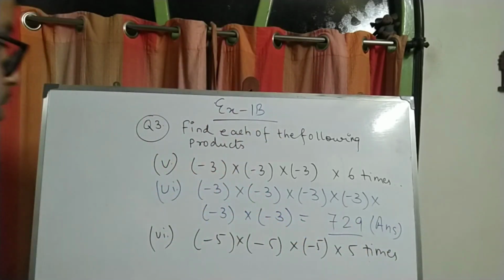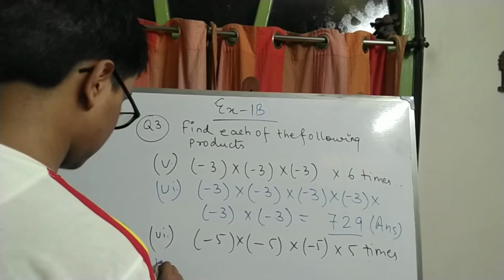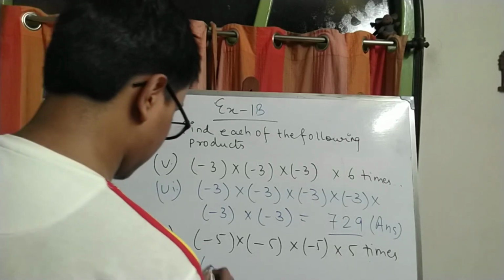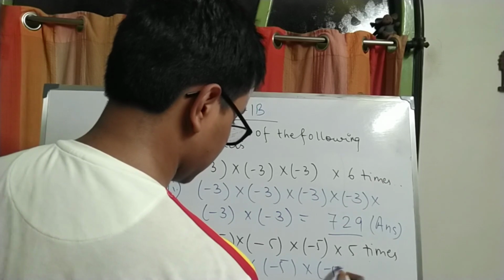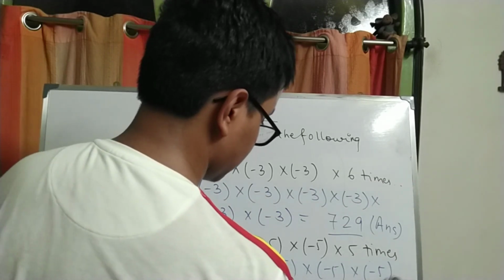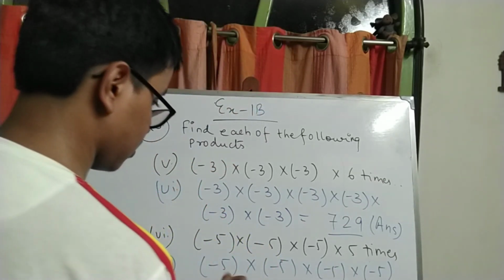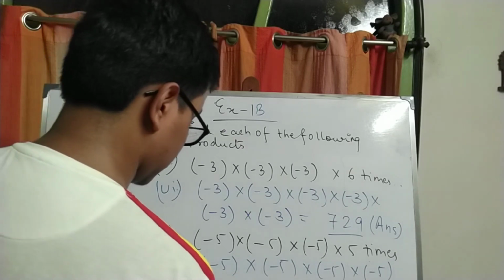If you multiply 3 into 3 into 3 and then again 6 times, 3 into 3 into 3. Now minus 5, minus 5, minus 5, minus 5 into minus 5.